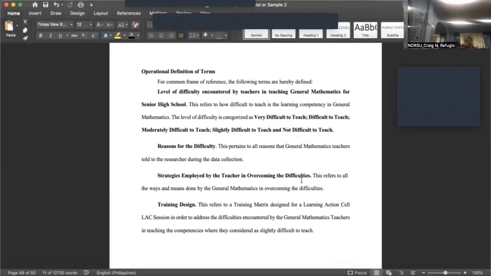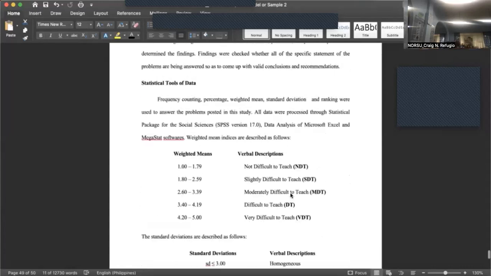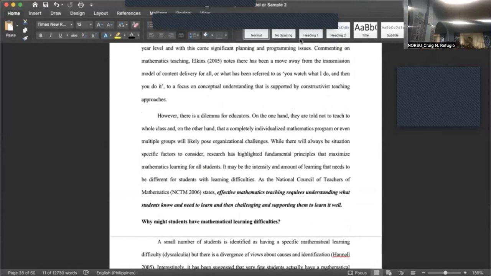If your target respondent is a student, then strategies employed by the student in overcoming the difficulties. Then the training design, because that is actually the main target, to come up with a training design. So this refers to, and so on. You can copy that definition, but you are going to contextualize that one based on your operational definition of terms. So is that clear to everyone?